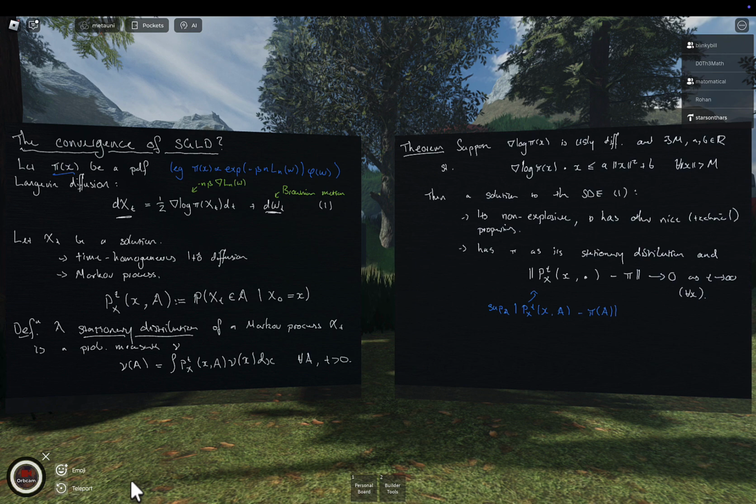So this result, I don't think it would be attributable to this paper, but it's stated and proved quite clearly in the following paper.